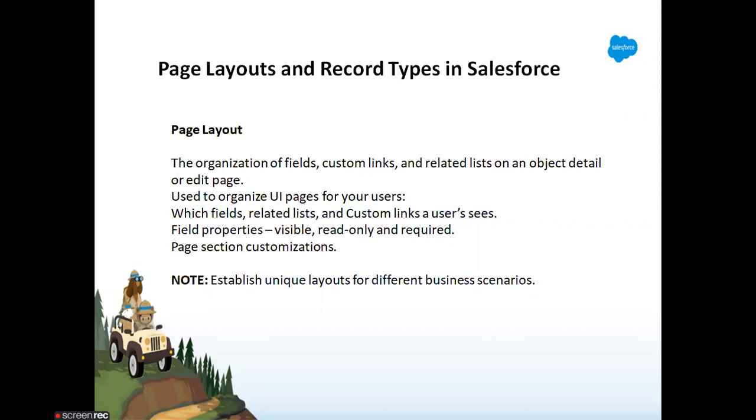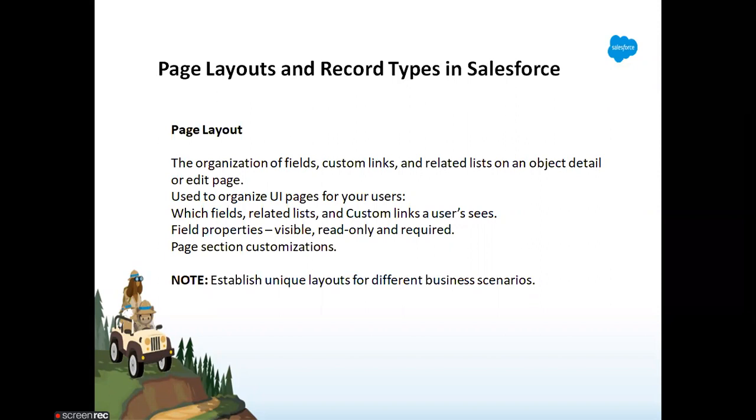So showing all those fields to the receptionist may create confusion for them. So we can create a layout where only the relevant fields are visible, the rest of the fields are not visible. Maybe the rest of the fields are required by the account section, so those particular fields are only visible to the account section.